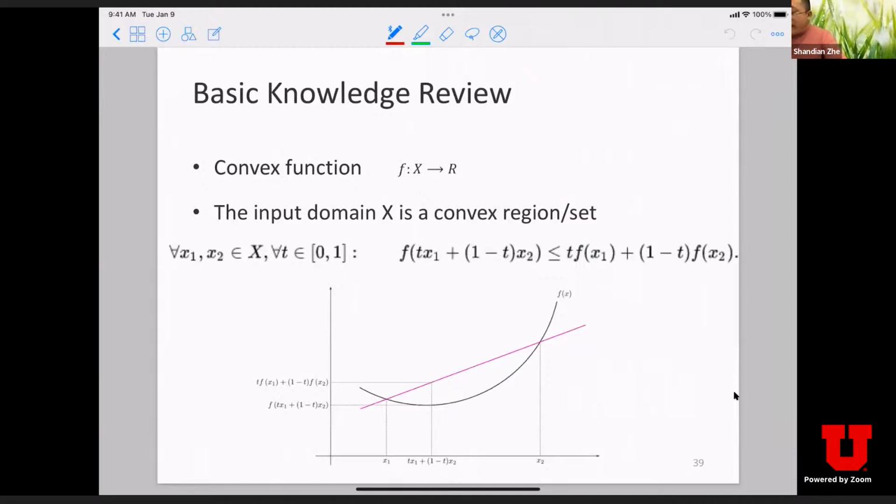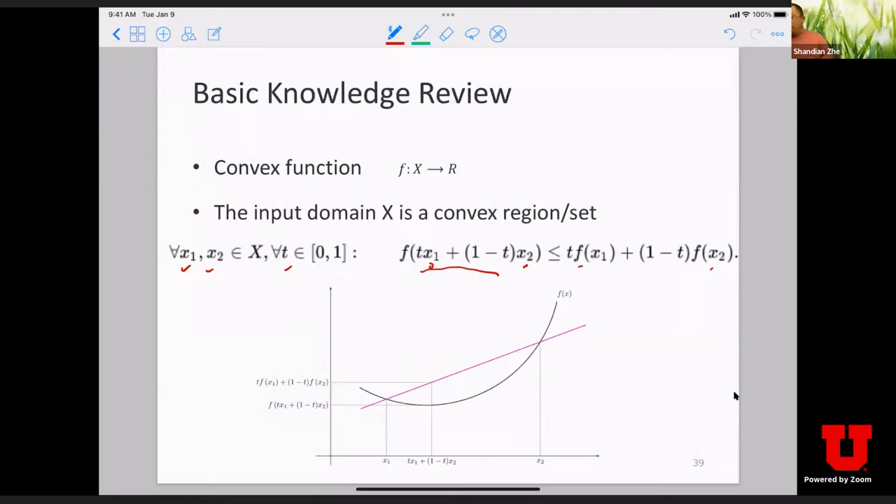It requires that for arbitrary inputs, two inputs x1, x2 in your domain, and an arbitrary ratio t between 0 and 1, if you evaluate the convex combination of x1 and x2 according to t, basically at t x1 plus (1 minus t) x2, the function value at this combination is less than or equal to the combination of the function values: you first evaluate the function at x1 and x2, and then combine them with t.